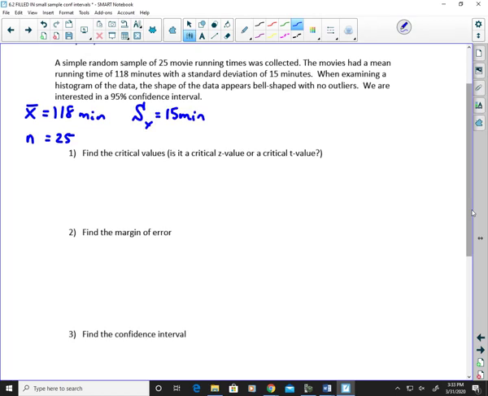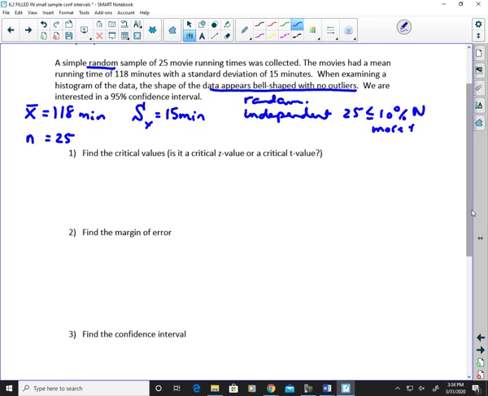The shape of the data does appear bell-shaped with no outliers. That's your evidence that this is nearly normal enough that we can proceed. So we would need something that was random, as it was stated. We would know that this was independent, which we do know, since 25 is less than or equal to 10% of all movies. Wouldn't you say there's more than 250 movies?